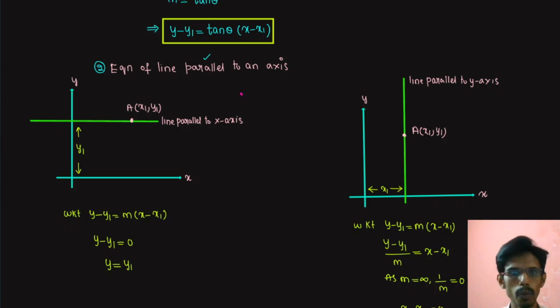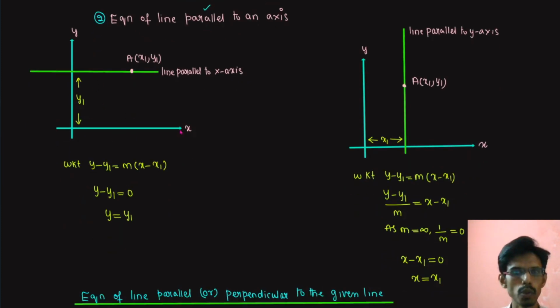Now let us see this equation of line parallel to an axis. So it may be parallel to x axis or parallel to y axis. Now here we have this coordinate system with x axis and y axis. Now this is the line passing through this point A of x1 comma y1, and this line is parallel to x axis. We know that x axis will have slope 0. So this parallel line will also have the same slope because parallel lines have the same slope.